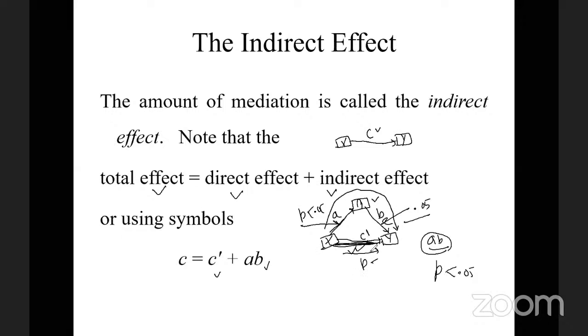But the indirect effect is a multiplication of two regression coefficients, AB. So we use the Sobel test to check whether this indirect effect is significant or not.